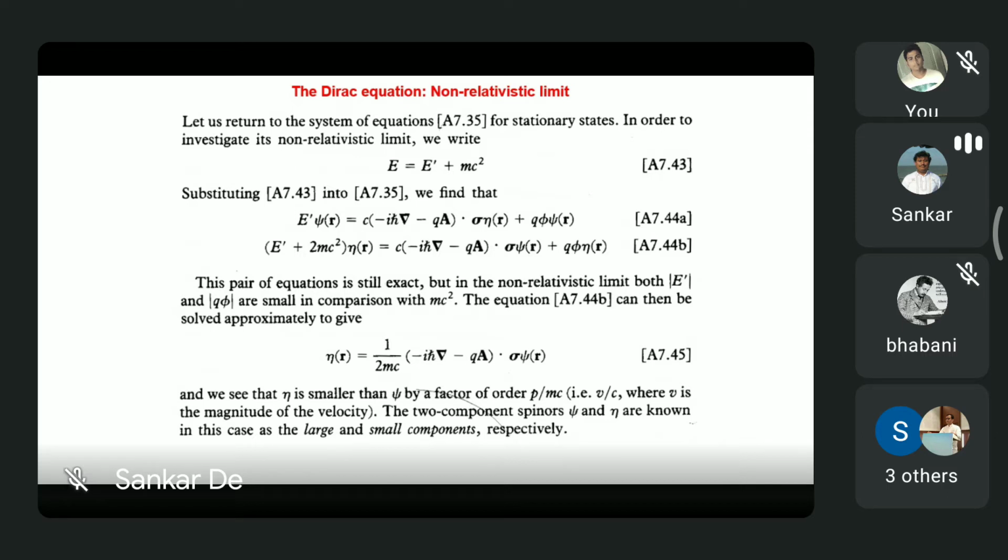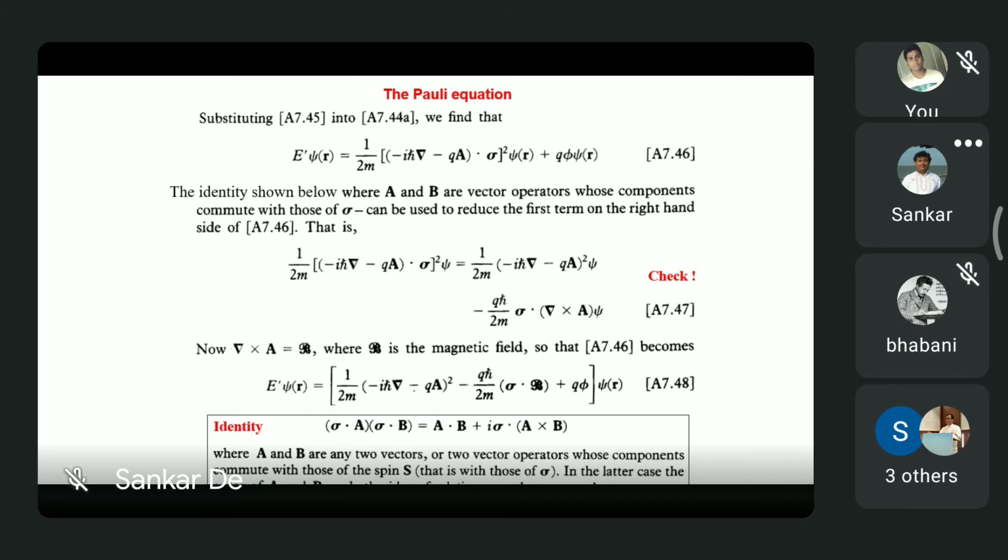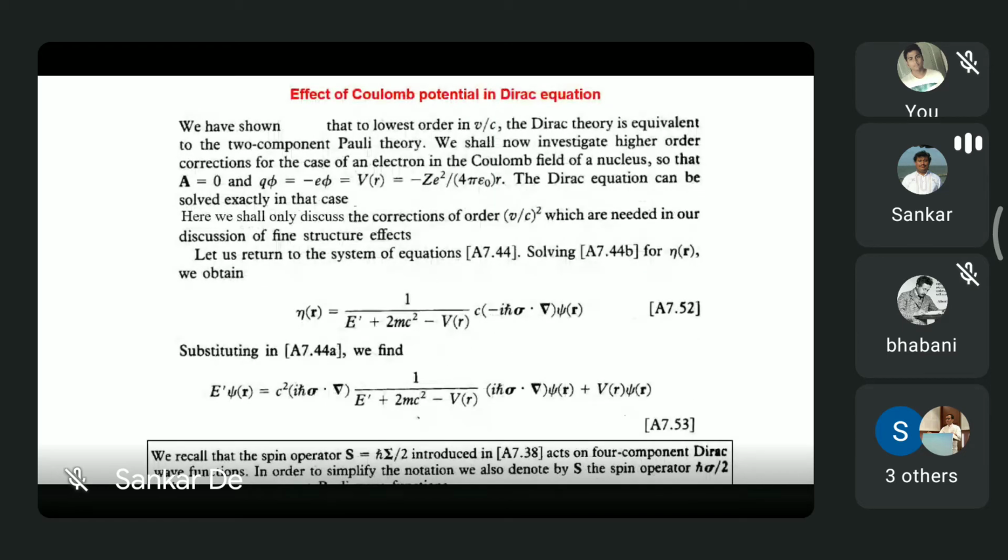Here we are making two changes. First, instead of this q phi, we now have the potential form for the electron in a Coulomb field of the nucleus. So we can directly put those terms in, and you see eta r is equal to (E dash plus 2 mc square minus V(r)) times c times minus i h bar sigma dot grad psi(r).